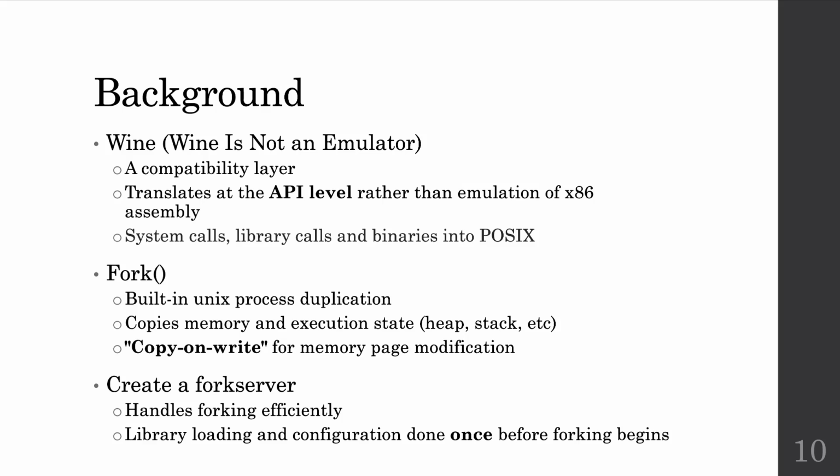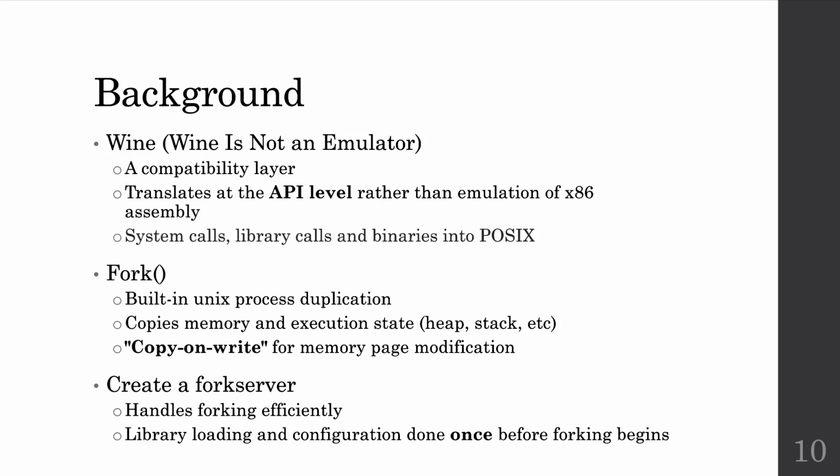Fork is a very important call, as discussed already. It duplicates processes, including all of their memory, and it is memory efficient because it only duplicates that memory when the memory is written to by the child process. A fork server is important because it gets rid of the overhead of resetting the process every time.